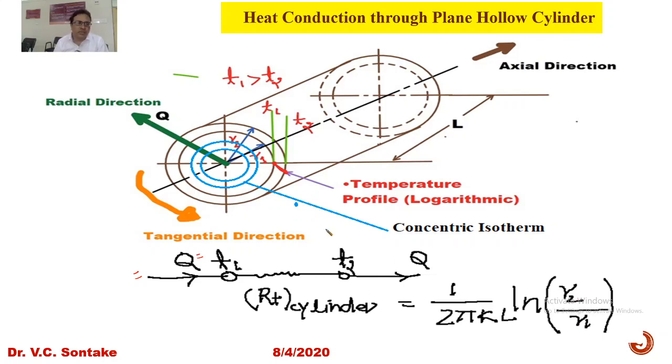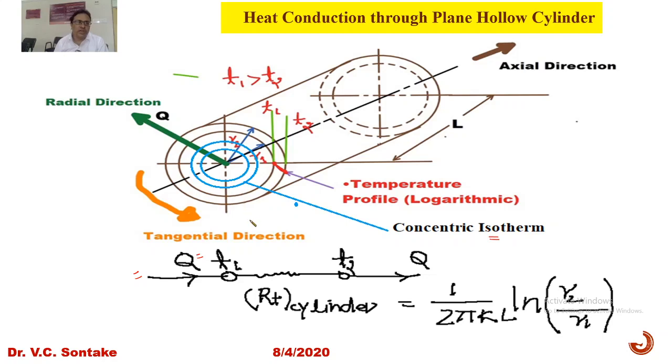Now here the concentric circles represented by blue color, they are nothing but circles of constant temperature, also called as isotherms. What does it mean? If you move along any concentric circle, temperature will be constant everywhere.